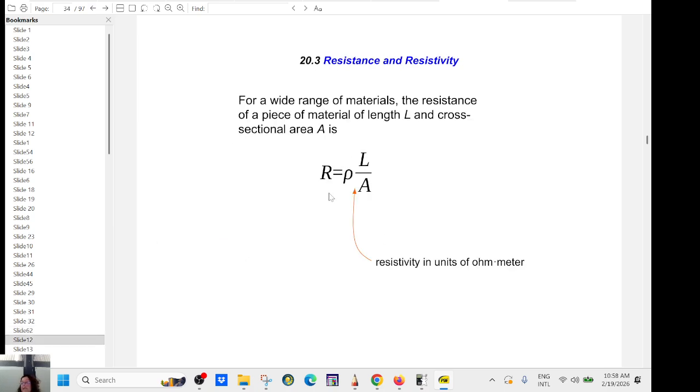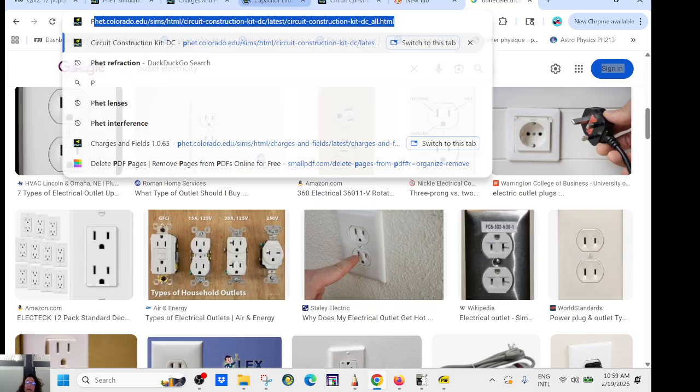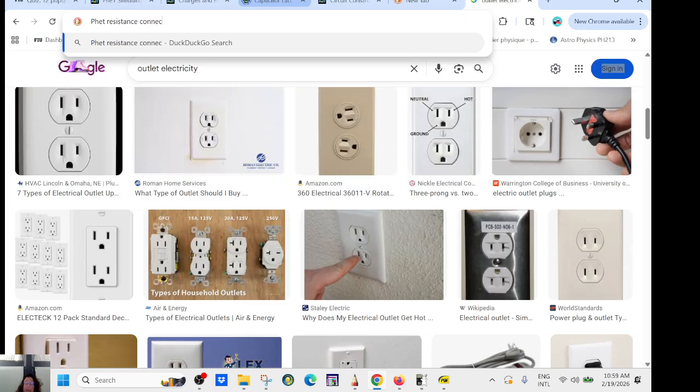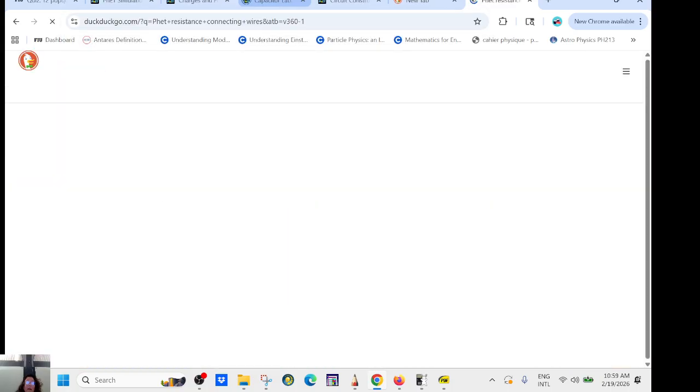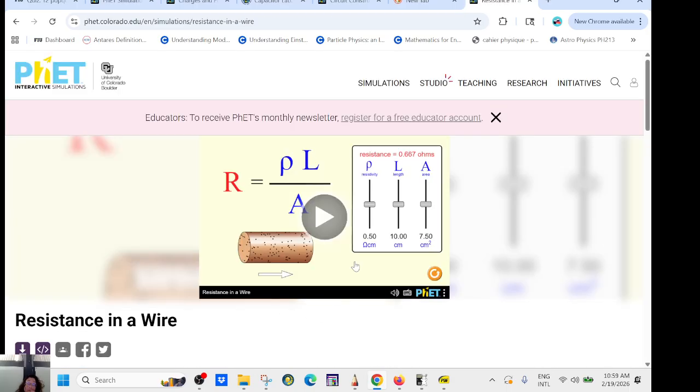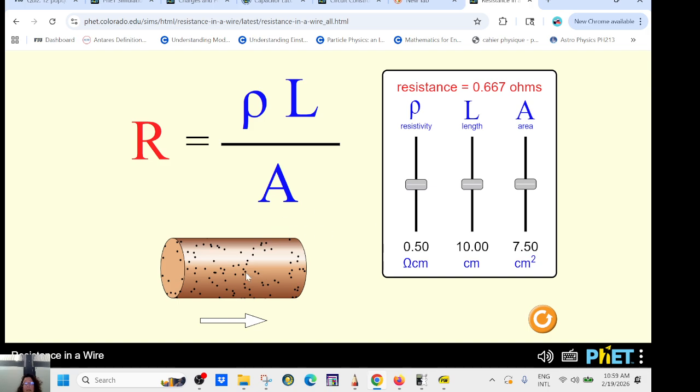So then we have the resistance of connecting wires. It's going to be proportional to the length, inversely proportional to the area, and it depends on the material of the connecting wire. Right? Okay, so this is your connecting wire, like wires here that I have.